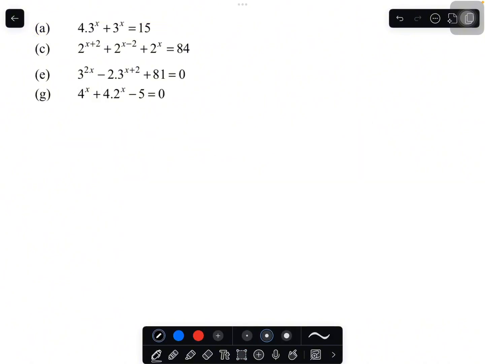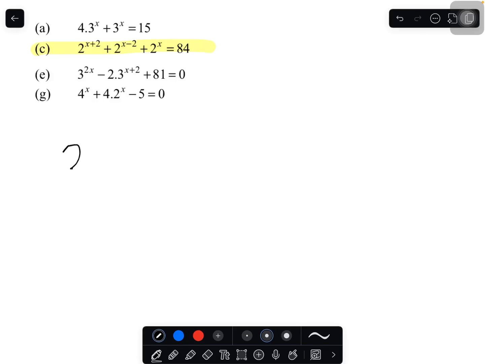Let's move on to a slightly more challenging question. And here we're going to be working on this question right here. If we look, what can we see is our common factor, and it's 2 to the power x. But we have other things in our exponent. So let's rewrite it where they're just terms without any extra addition or subtraction in our exponent.